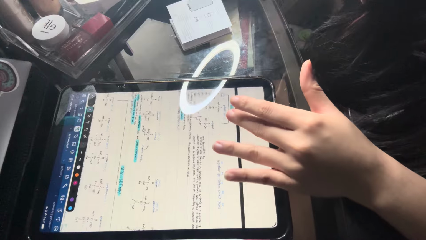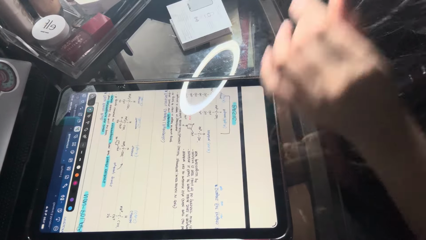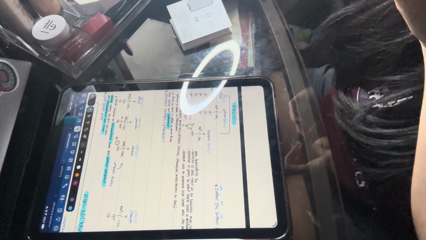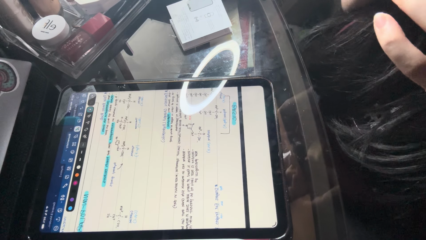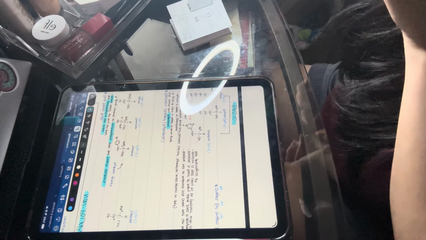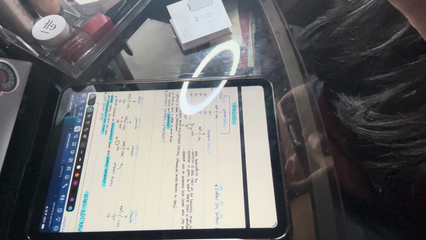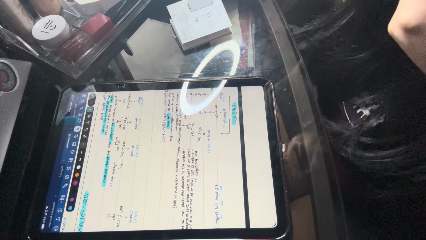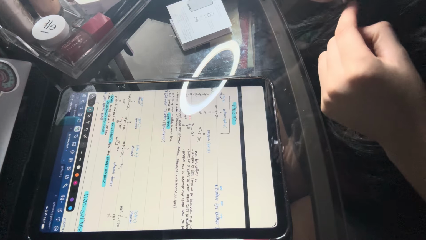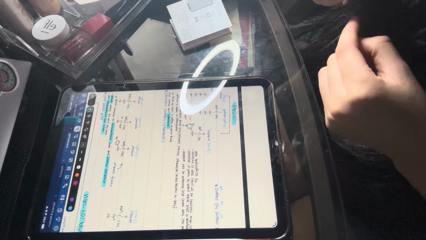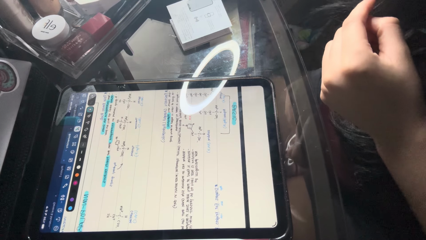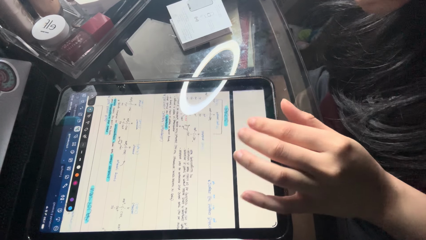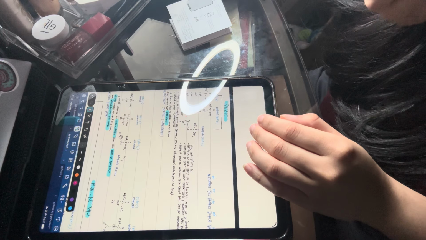Next up, we have the positively charged, otherwise known as hydrophilic, amino acids. These side chains are very hydrophilic, meaning they like water. We have lysine, arginine, and histidine. These are basic.